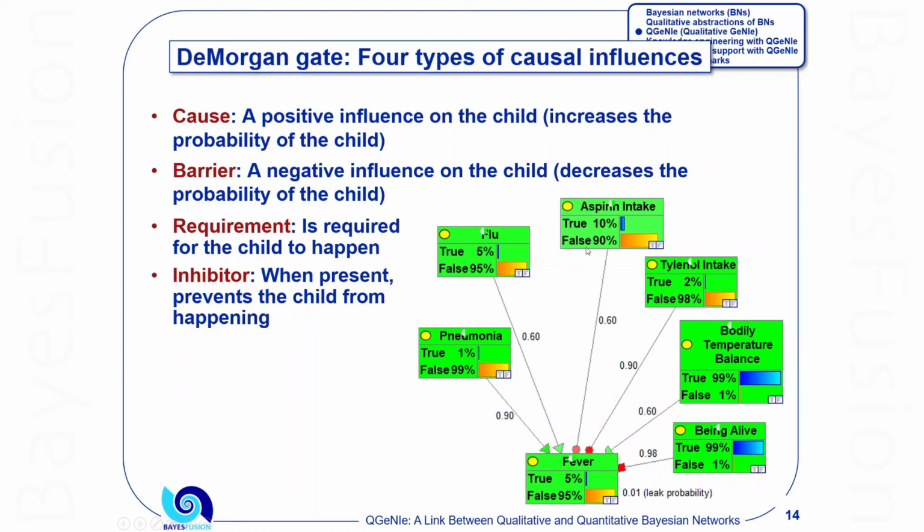And then inhibitor is a cause that works like an AND. If it's true, then it will make the effect false. If you have flu and pneumonia, which cause fever, you may have high fever. If you take Tylenol, the fever will go down, no matter how many causes there are that make the effect likely.